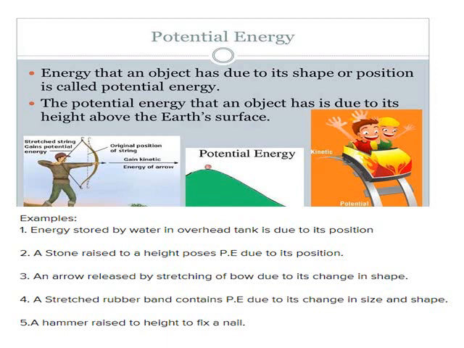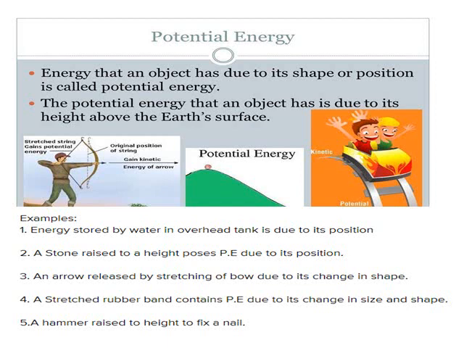It possesses potential energy because it is not moving. Perhaps if a strong wind blows, it displaces its position, and the potential energy is transferred into kinetic energy. This concept we will see lastly, in the transformation of energy.